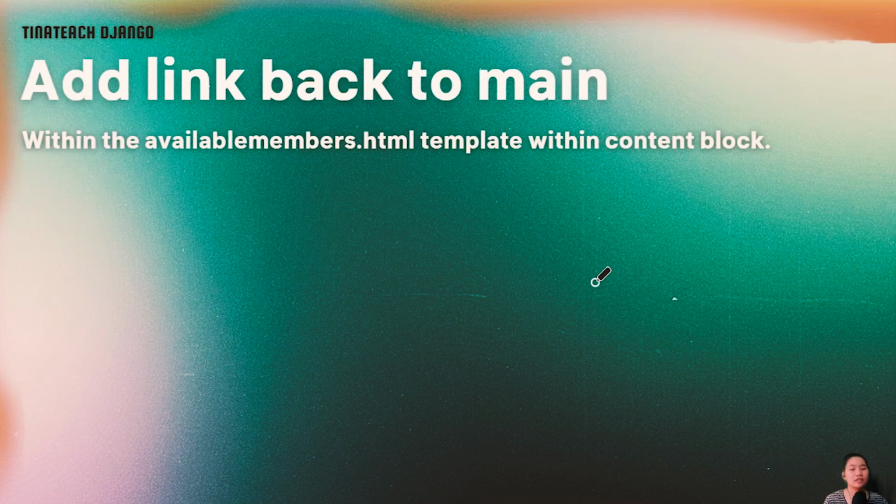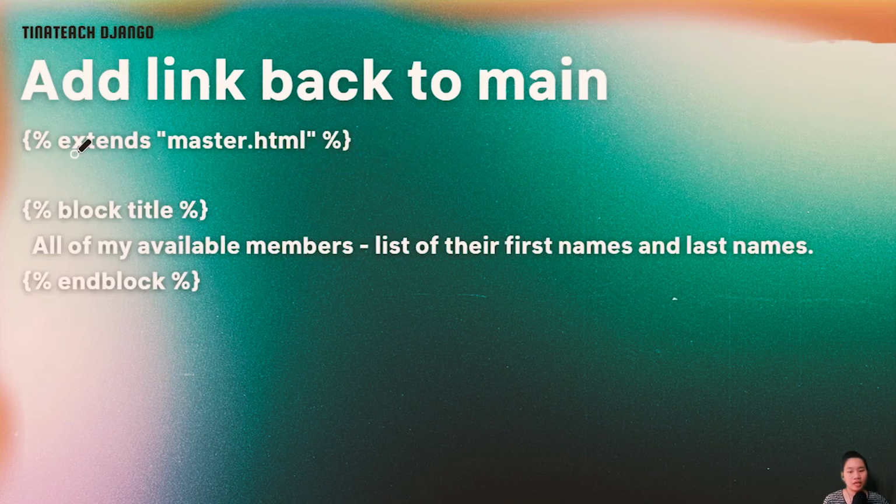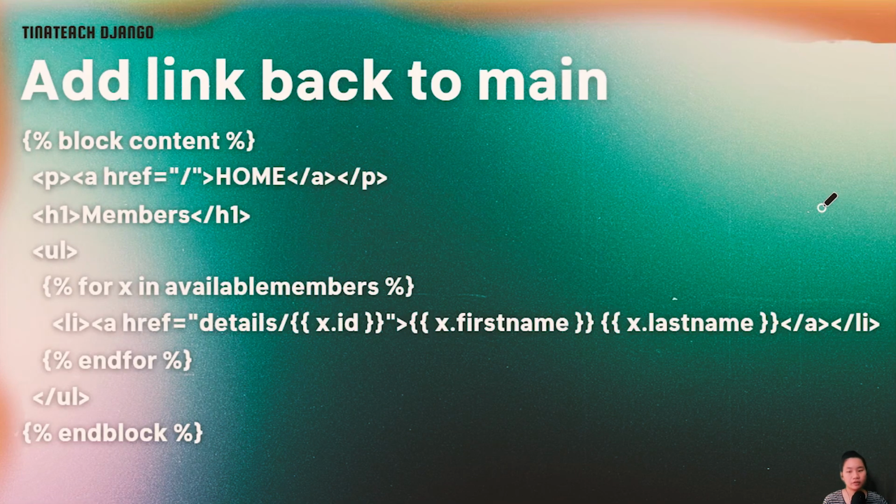Now we add the link back to the main page within the available members.html template, in the content block. Extends master.html, block title, all of my available members, a list of their first names and last names. Continuing with home, members, and then a list of first names and last names as links.